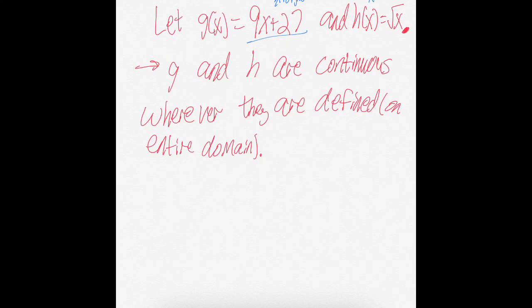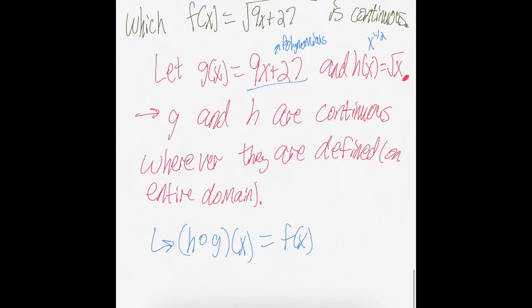Furthermore, we know that compositions of continuous functions are continuous, which means that h composed with g of x, which is exactly equal to f of x, by the way, right?